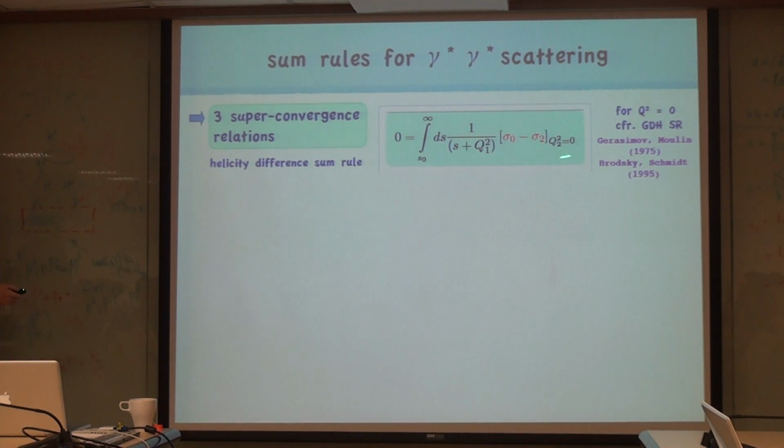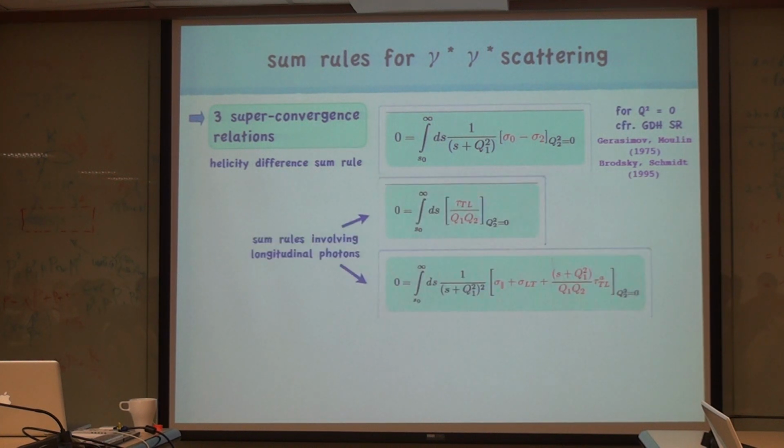When one of the photons is real, so let's say Q2 squared, the virtuality, is 0, and the other is virtual, you have this factor that comes from the denominator in this dispersion integral. At Q squared 0, this corresponds for a spin 1/2 target to the Gerasimov-Drell-Hearn sum rule. So this is the generalization for photons.